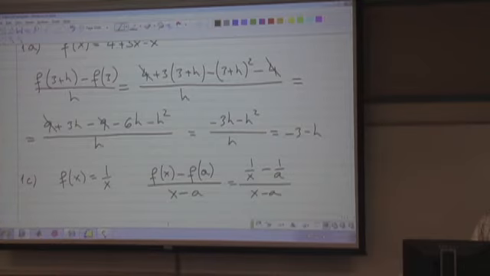So far so good? Okay, so now, what do we have to do here? Multiply and divide by the least common denominator, which is x times a.